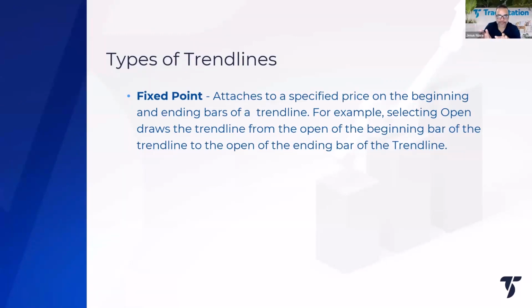And I think I pretty much copied and pasted from the documentation help file. So make sure you do that. The fixed point is going to attach a trend line to the price that you specify. For example, if you select the open, it draws a trend line from the open of the beginning bar of the trend line to the open of the ending bar of the trend line. Pretty simple. So rather than choosing the extremes, it's just going to select the price that you specify.